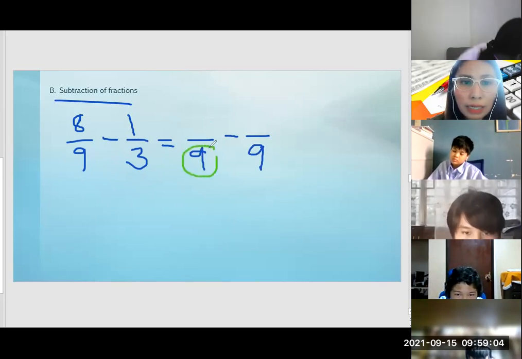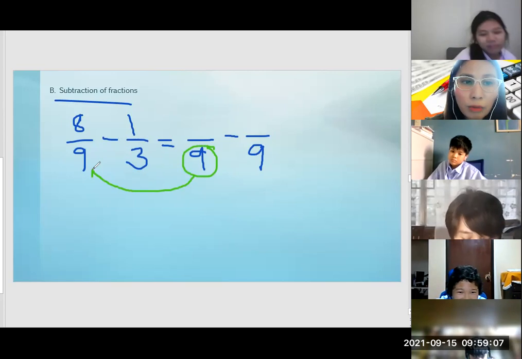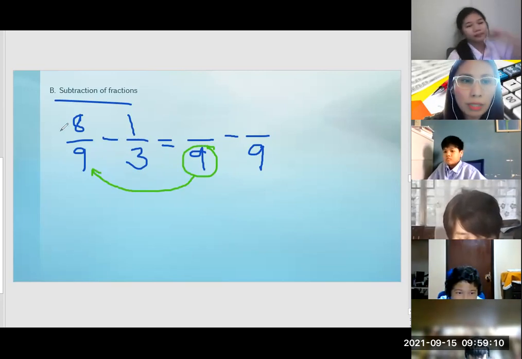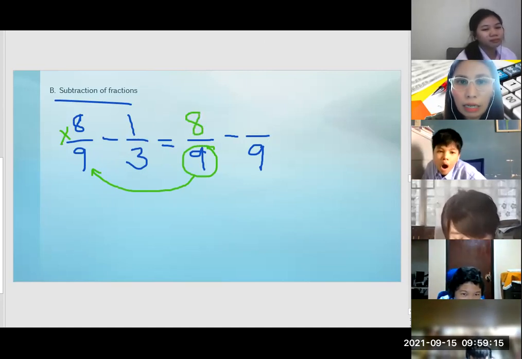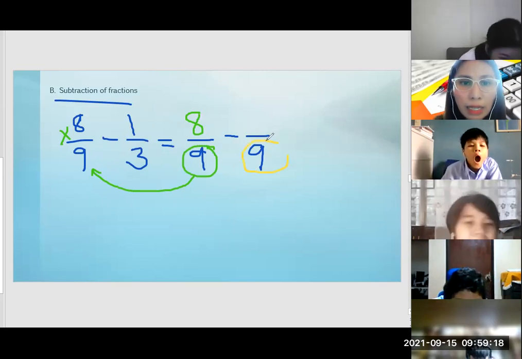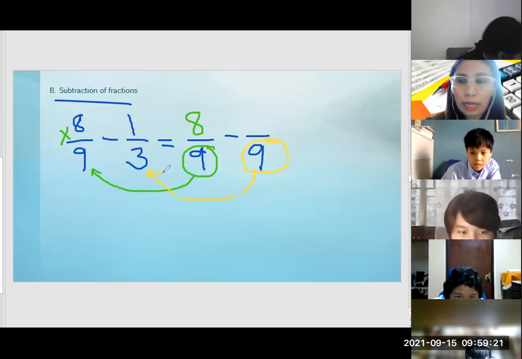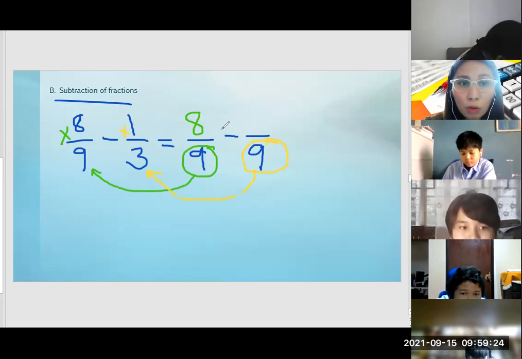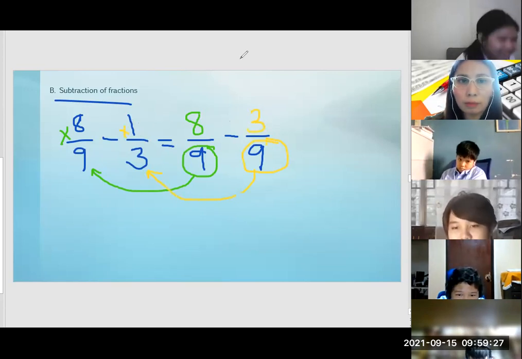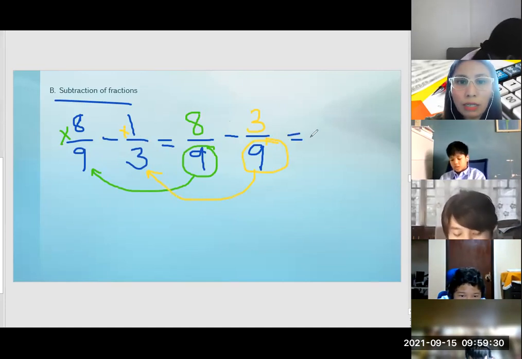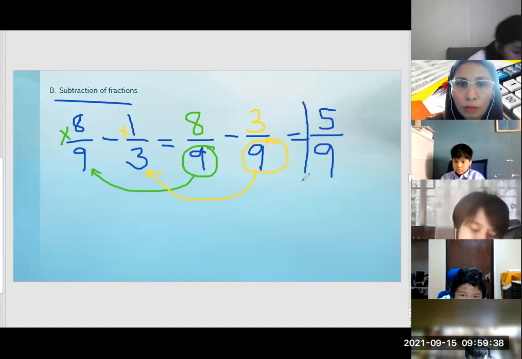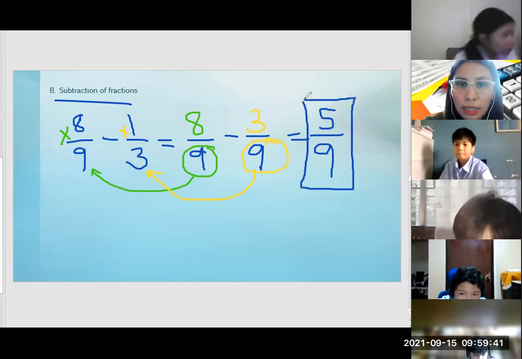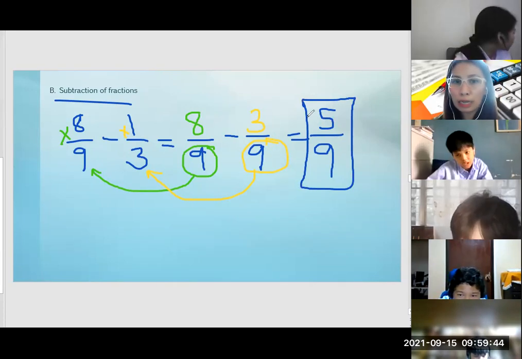Same process. 9 divided by 9, we have 1 times 8 is 8. 9 divided by 3 is 3 times 1. 3 equals 9. Subtract na natin. 8 minus 3 is 5. Therefore, the final answer is 5/9.